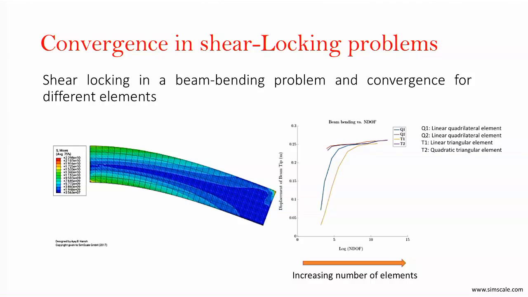And the reason is the shear locking effect when we're using the linear elements for pure bending problem. So again, if you're using Abaqus, you can avoid using the quadratic element by choosing incompatible mode for linear elements.